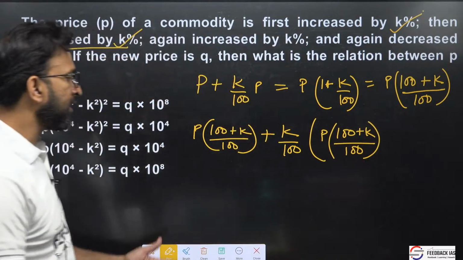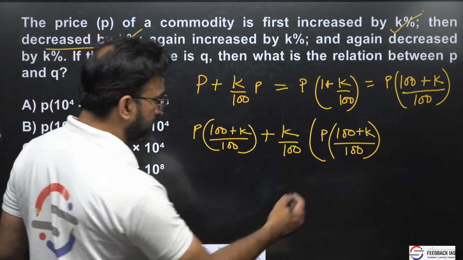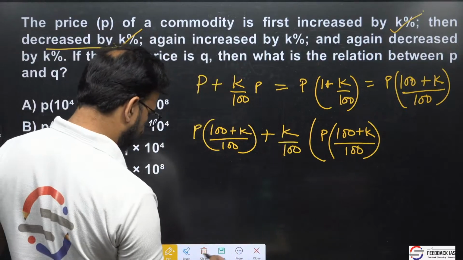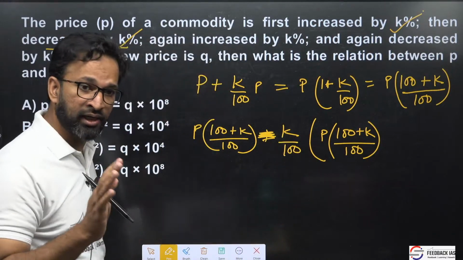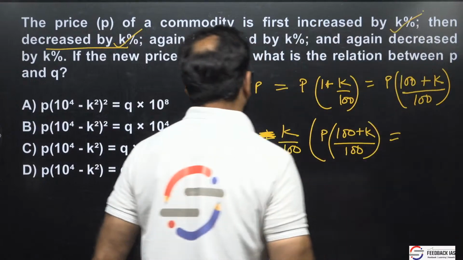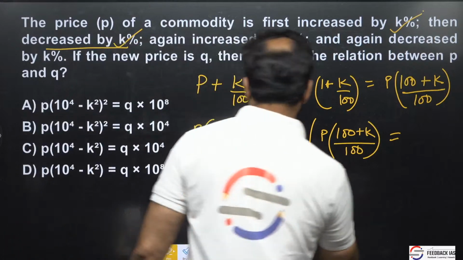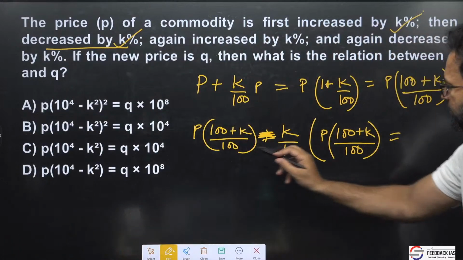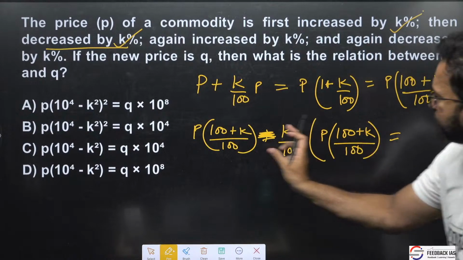So this is the next price after, sorry, this should be decreased. This is minus because K percentage is decreased. Now let's simplify this. We will take P out, and (100 plus K) divided by 100 will come out as common.